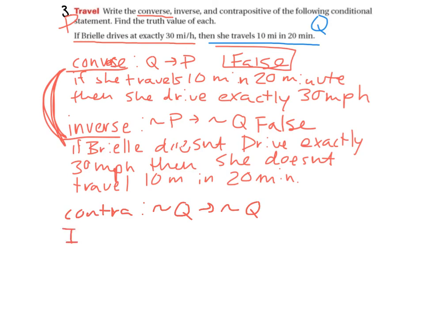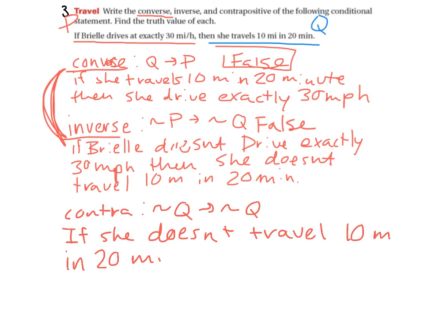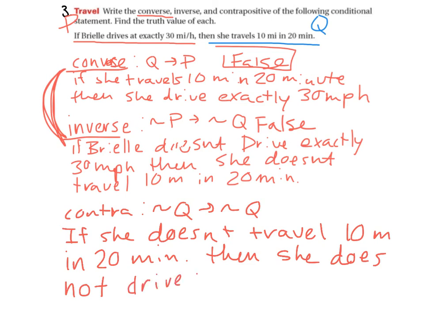So if she does not travel 10 miles in 20 minutes, then she does not drive 30 miles per hour. Is this true or false?